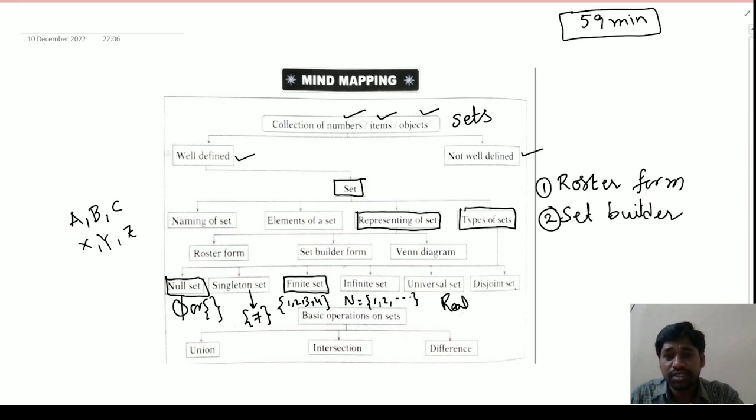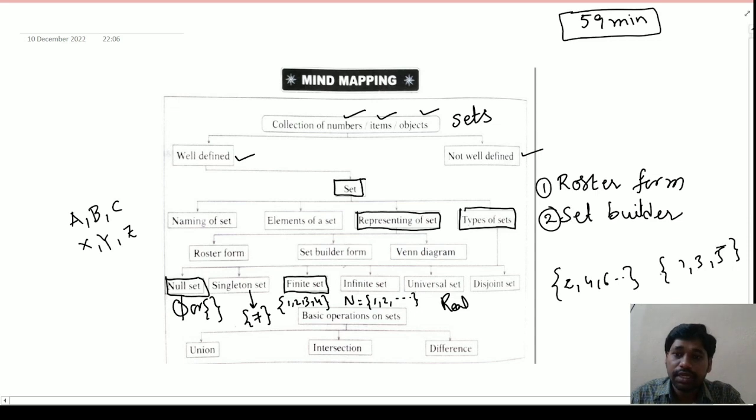Disjoint sets: take an even number set 2, 4, 6 and so on, and another set of odd numbers. If you perform the intersection operation between them, there is no common element, so they are called disjoint sets.